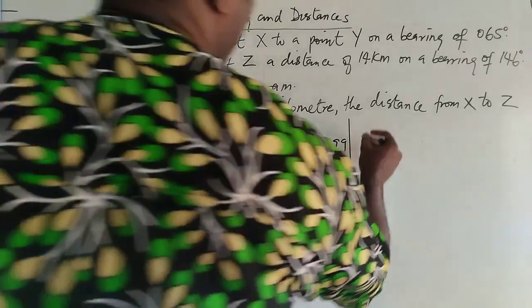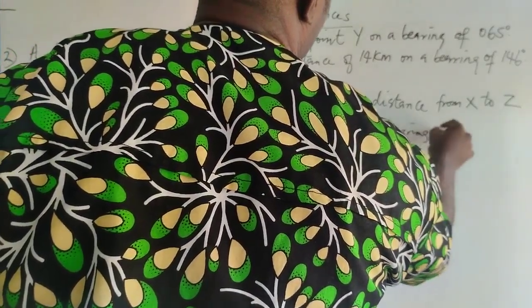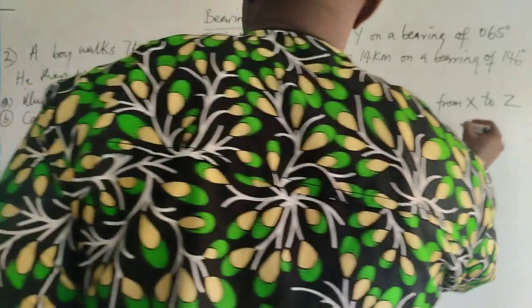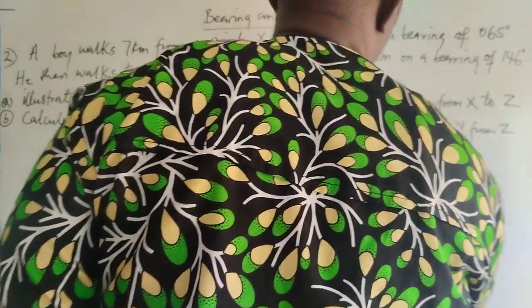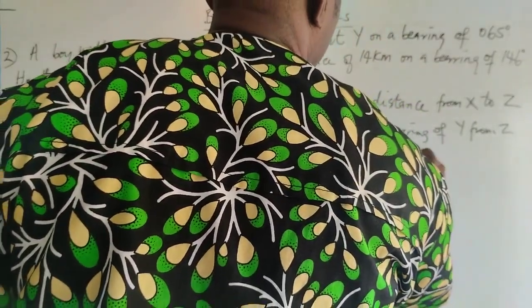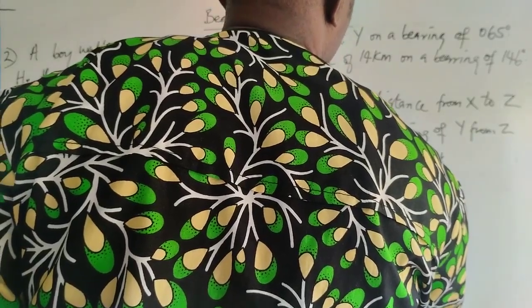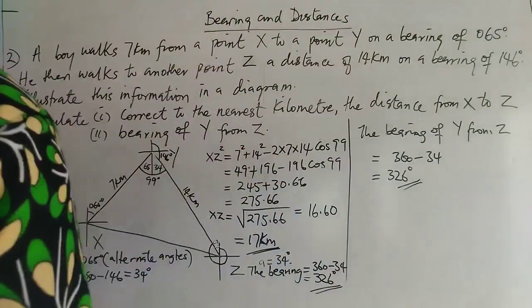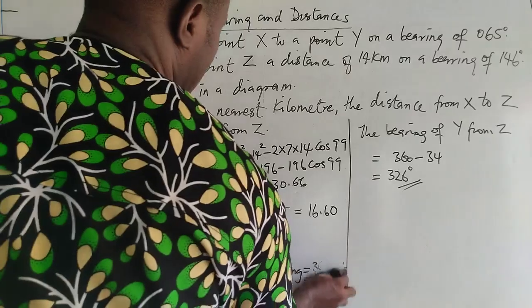So the bearing of Y from Z is equal to 360 minus 34, and that will give you 326 degrees. So that is that.